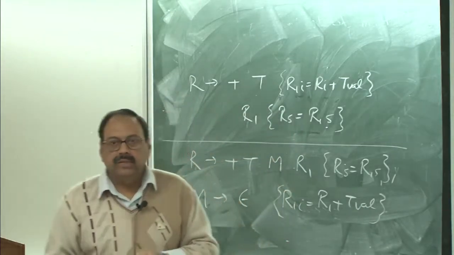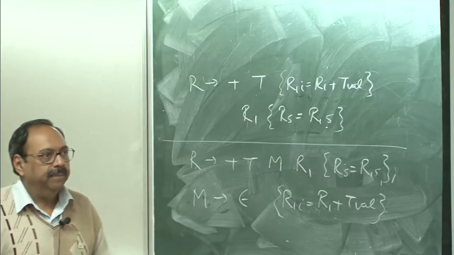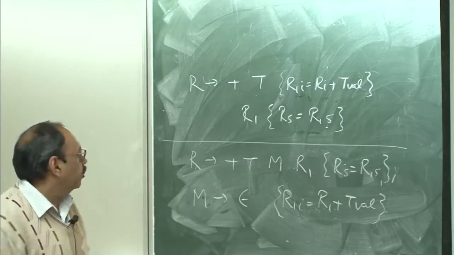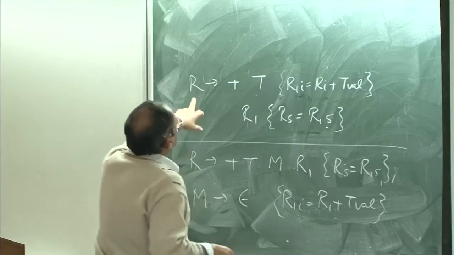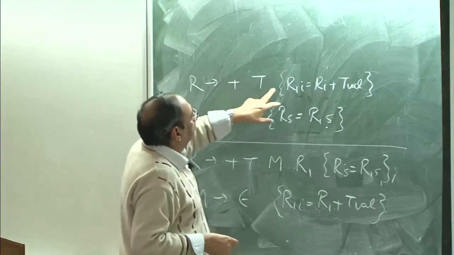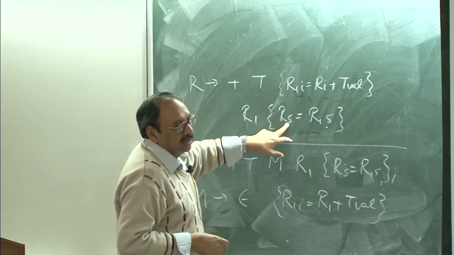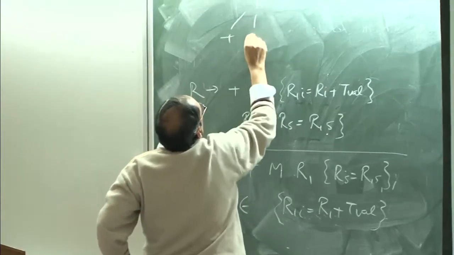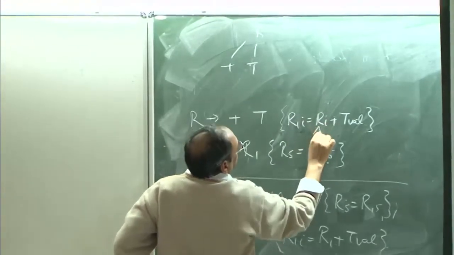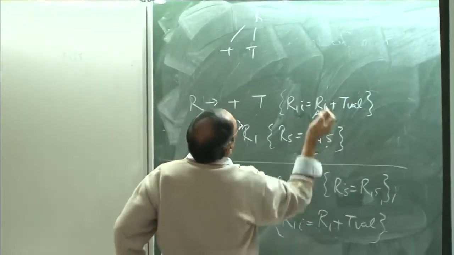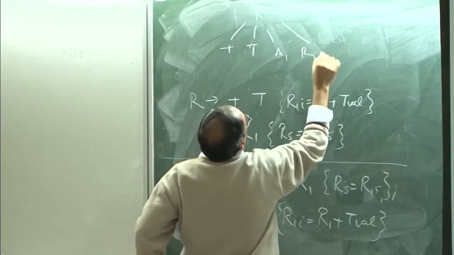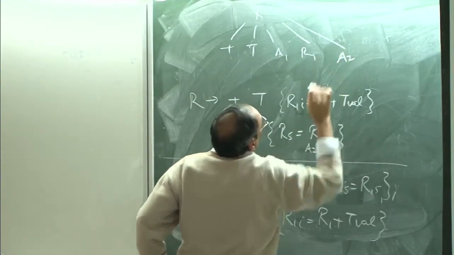Will it give me the same parse tree? So, what is the parse tree I will get? From here I was getting R going to plus T, this action, R1 and this action. So, I was getting a parse tree of this form: plus T, let me call this action 1 and this action 2, so action 1, then R1 and action 2.